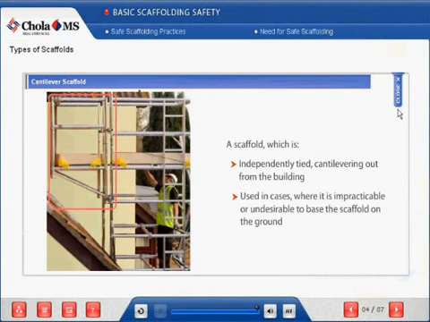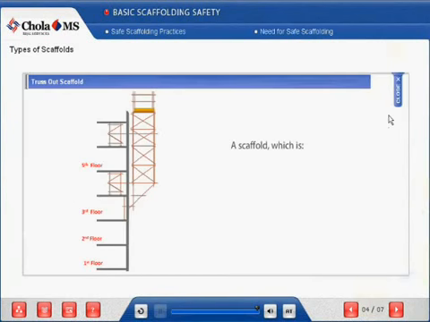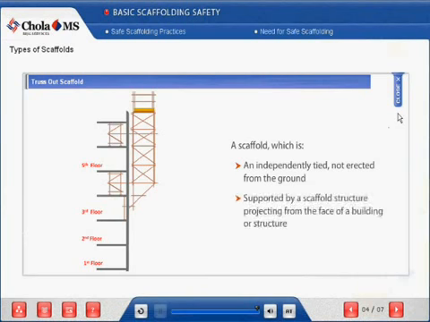It is used in cases where it is impracticable or undesirable to base the scaffold on the ground. Truss-out scaffold is an independently tied scaffold not erected from the ground. It is supported by a scaffold structure projecting from the face of a building or structure.